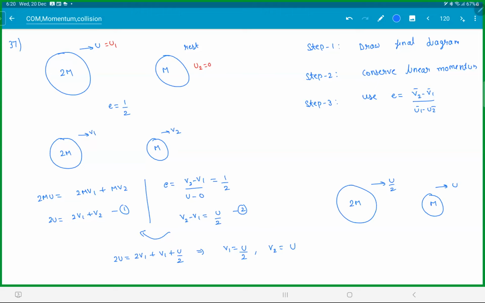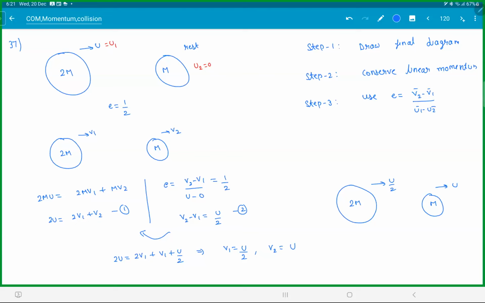Draw the final diagram, conserve momentum, restitution, and you're done. Check it out. Clear? Turn the page.